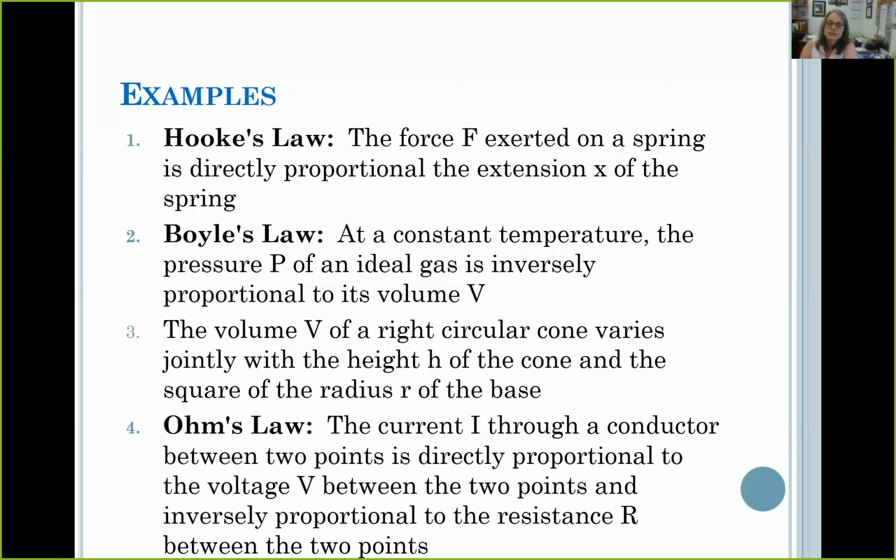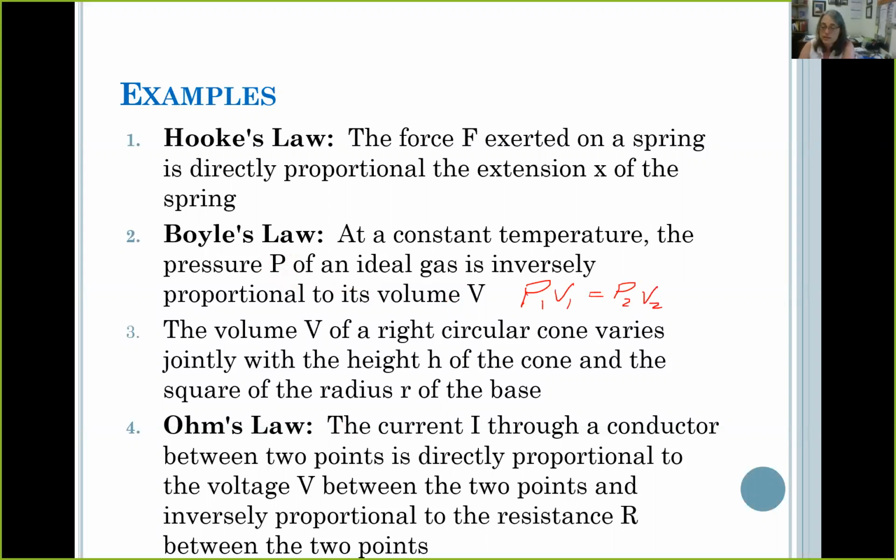Some examples. Hooke's law is the law that governs springs. The force exerted on a spring is directly proportional to the extension of that spring. Boyle's law, you may remember from chemistry, is that at a constant temperature, the pressure of an ideal gas is inversely proportional to its volume. The way we usually write this in chemistry is that P1 V1 equals P2 V2.